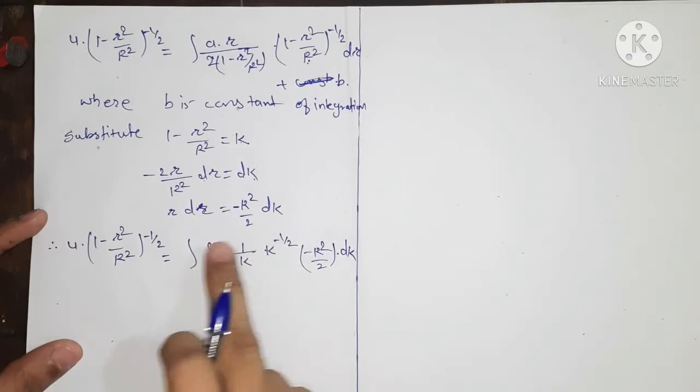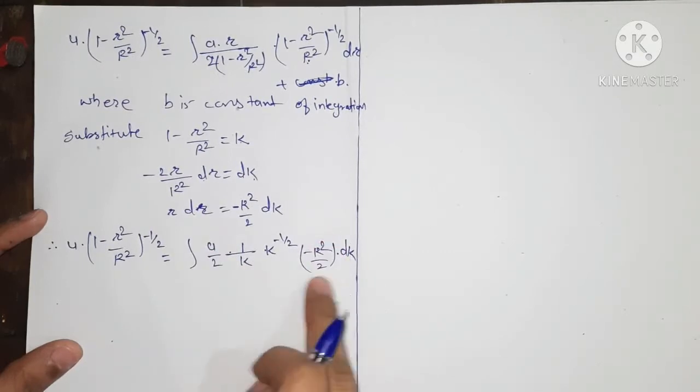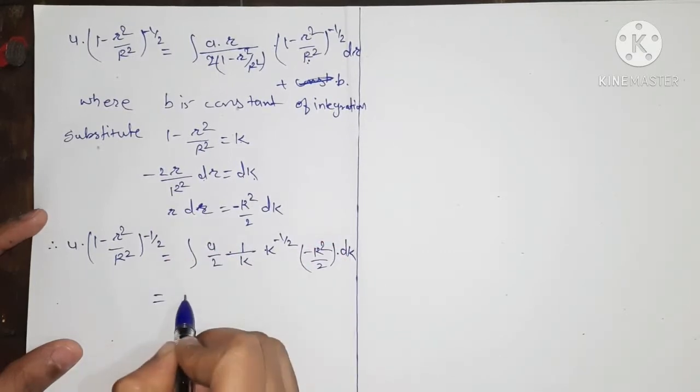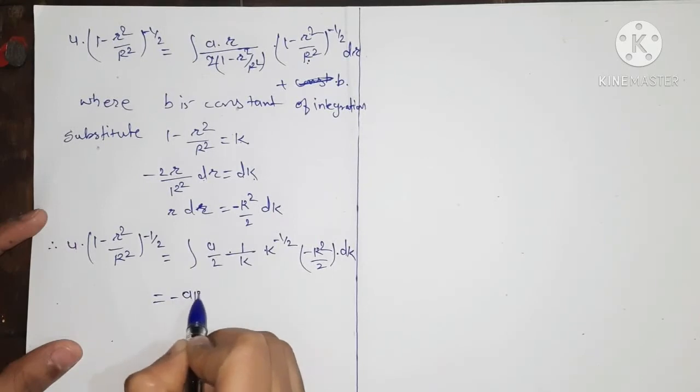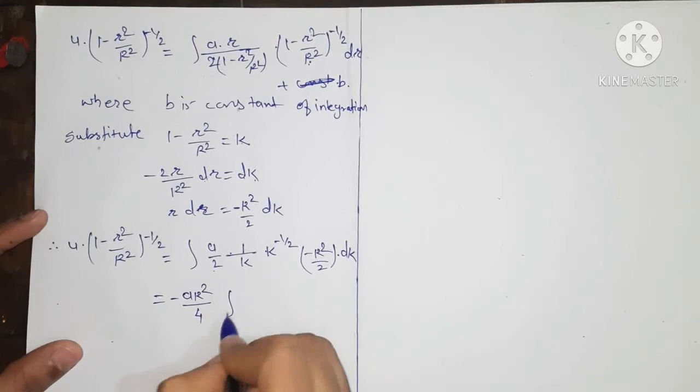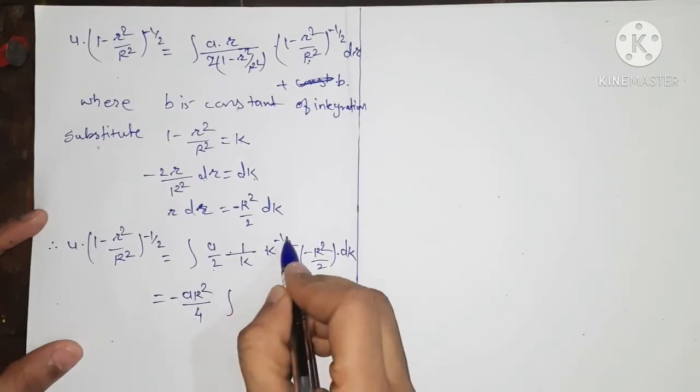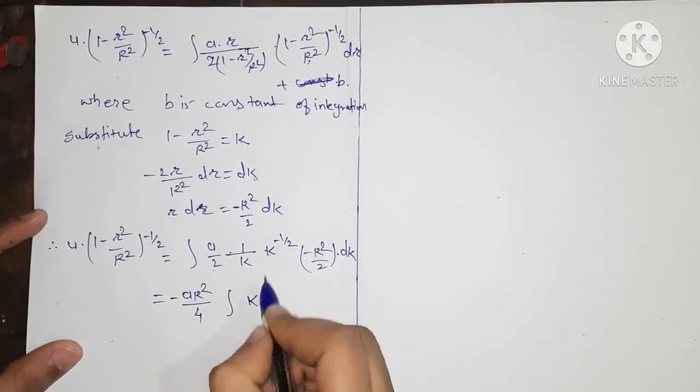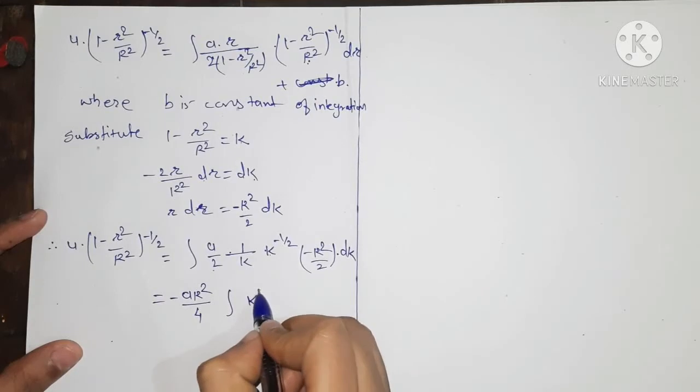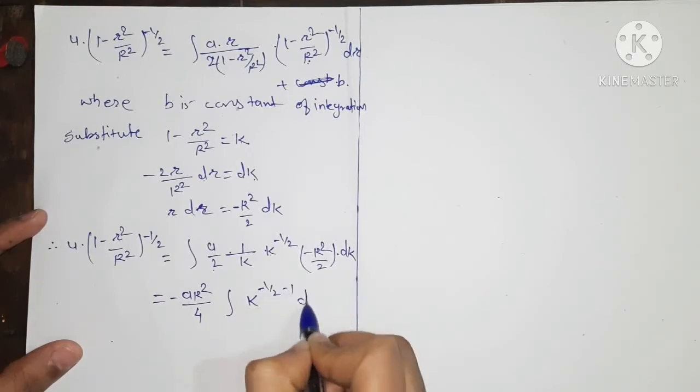Okay, so we can take a upon 2 and minus r square upon 2 outside the integral, so minus ar square upon 2 into 2 is 4, integral of 1 upon k, which is k to the power minus half minus 1 dk.